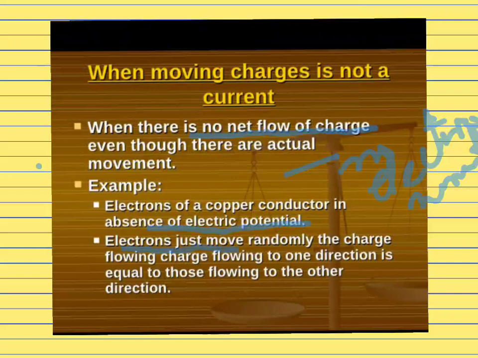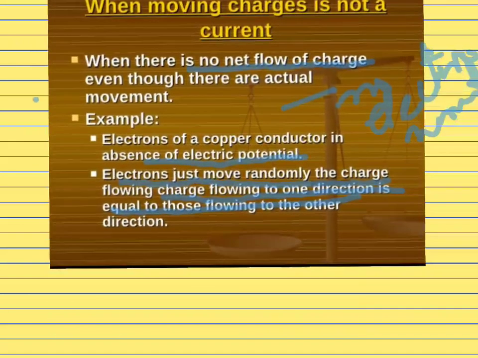Electrons moving randomly in one direction are equal to those flowing in the other direction. As a result, they will cancel the current produced and the net electric current will be zero. There will be no net electric current.